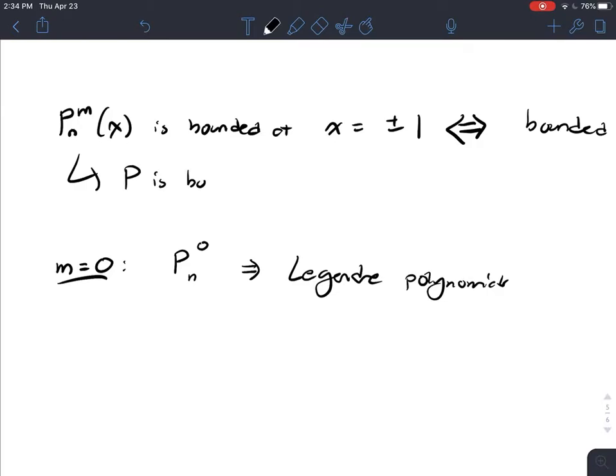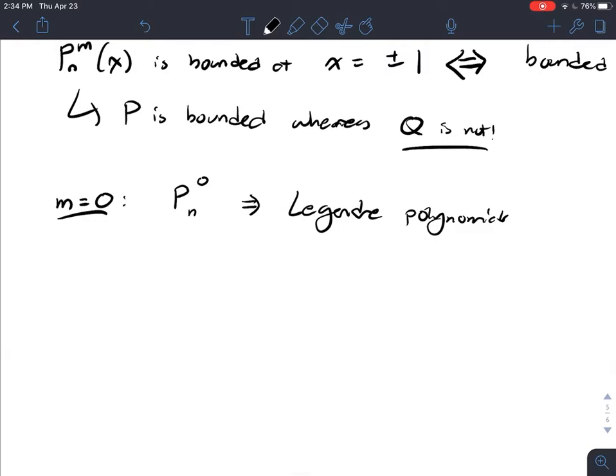This is the point to take away, whereas Q is not. So we're going to drop the Q term and ignore it for the rest of this problem, essentially.